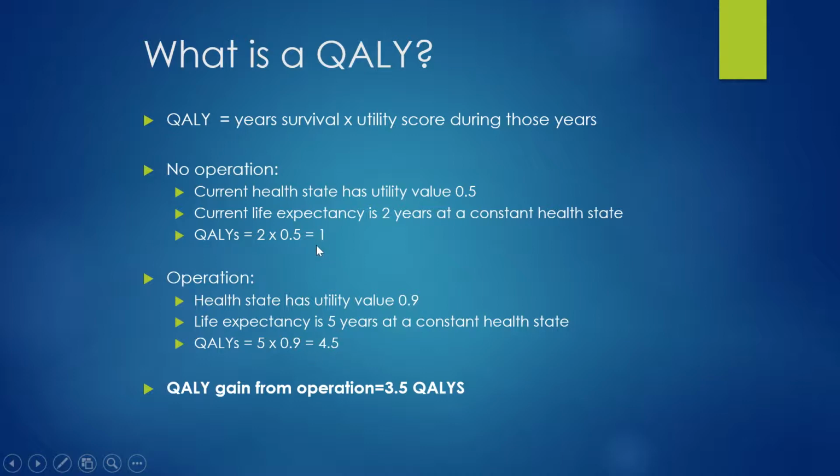His baseline QALY was 1, his new QALY is 4.5. So we believe that the treatment of operation will give 3.5 QALYs. So then we divide the cost of whatever the operation is by 3.5 and we'll get the dollar value or pound value that will give one quality adjusted life year. And that's how we start comparing the options.